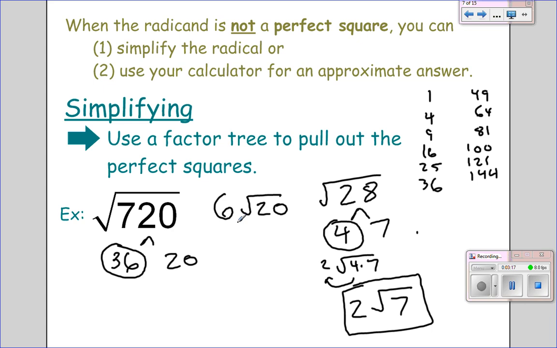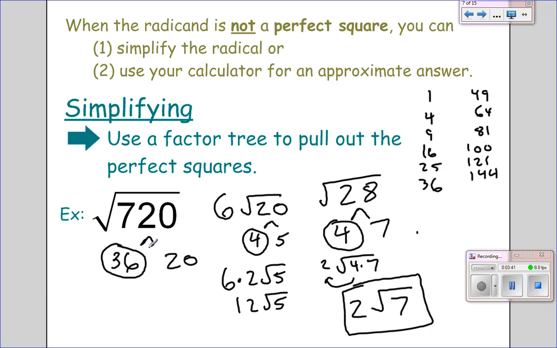But you're not done, because to be done with the inside, you have to have no more perfect squares that go into it. For example, over here, 7, there's no perfect square that divides into 7. But for 20, a 4 goes into 20. So 4 times 5, and 4 is also a perfect square. So we can pull out a 2 actually. So it's going to become 6 times 2 square root 5, which is 12 square root 5.